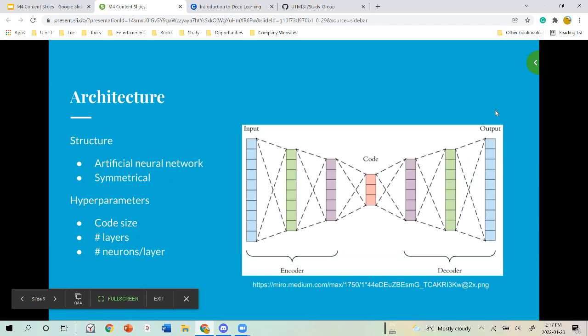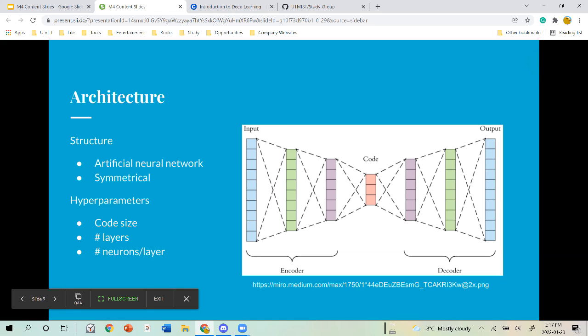Okay, so its architecture, to understand the deeper level of how it works under the surface. Basically, it's an artificial neural network. So it's a network of different neurons, as you can see here.